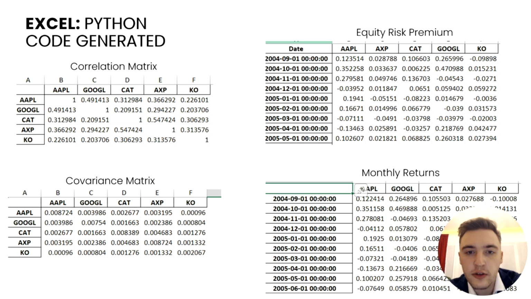All the numbers on the slides come directly from those stocks. Everything here, the returns and how each stock relates to the others, was generated automatically by our code, and this Excel file organizes all the data we need before we run the 100,000 portfolio simulations.